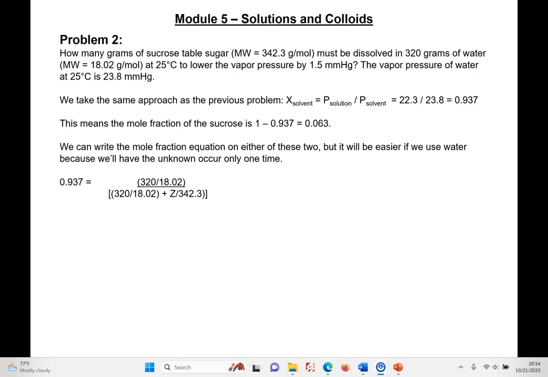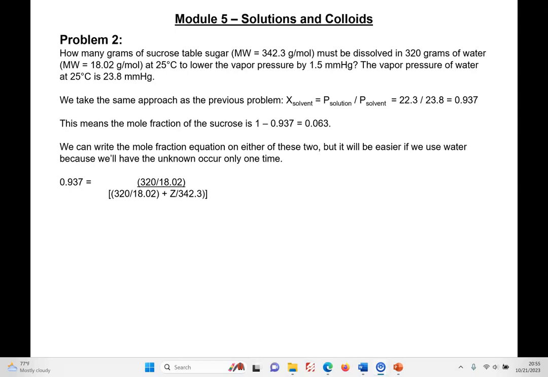The mole fraction, 0.937, is the mole fraction for the numerator, 320 divided by 18.02. That's water, and that makes sense because 0.937 is the mole fraction of water, divided by the number of moles of both compounds, water and sucrose.